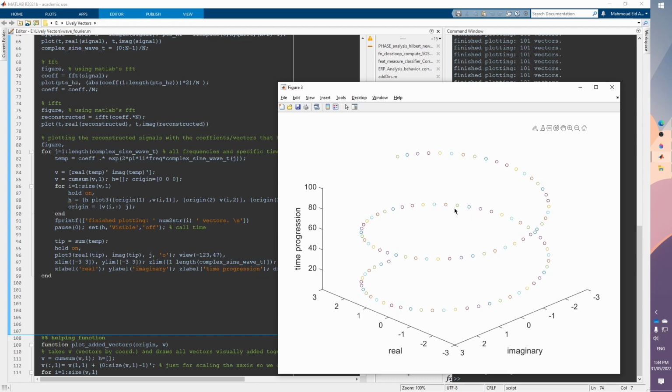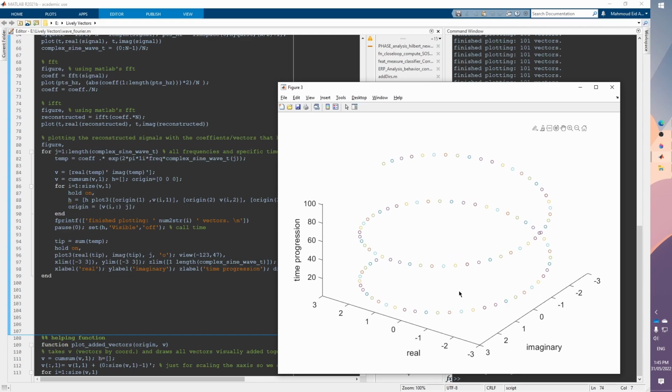Okay, and the nice thing is we know that the real axis is plotting a cosine, and if you look at the beginning point, this is going from 3 and then going to -3. So this is cosine, because cosine at time 0 at the beginning is going from the maximum amplitude. Okay, so we can almost get rid of this imaginary axis.